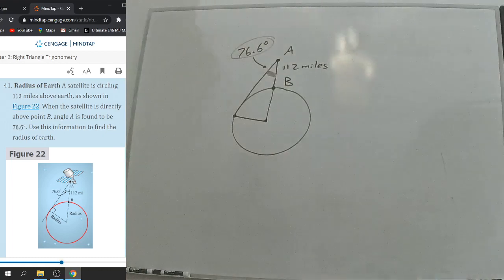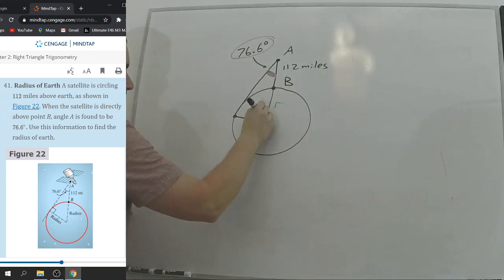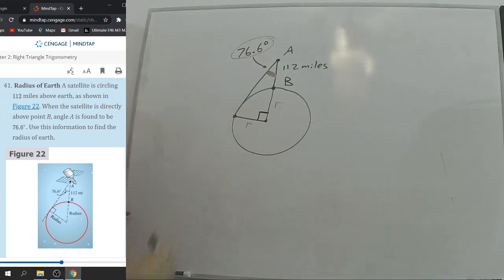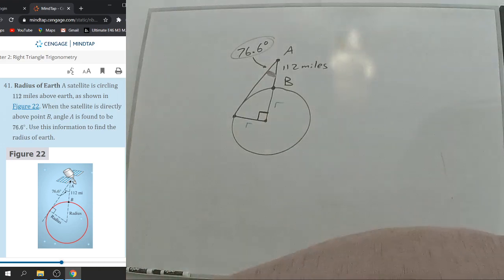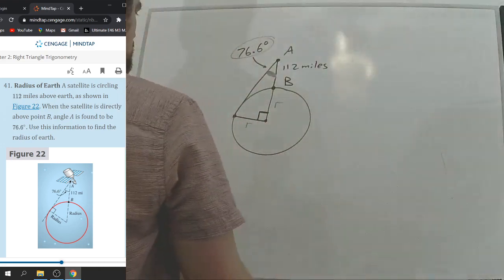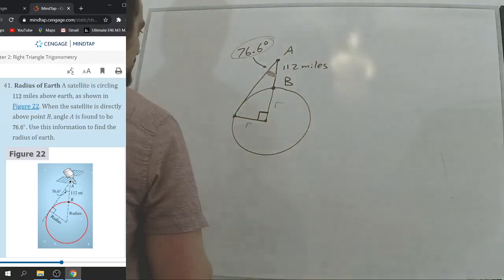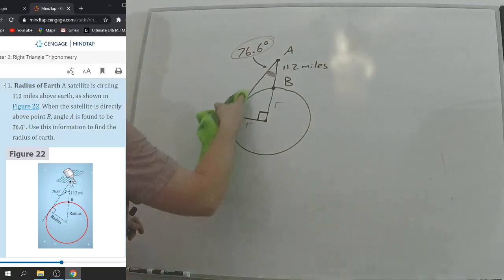So what they want us to do is approximate the radius of the Earth. Well, we've got this 90-degree angle here that we can see in the diagram. Or sorry, how did I? Oh, I see what I did. I put the 90-degree angle in the center.